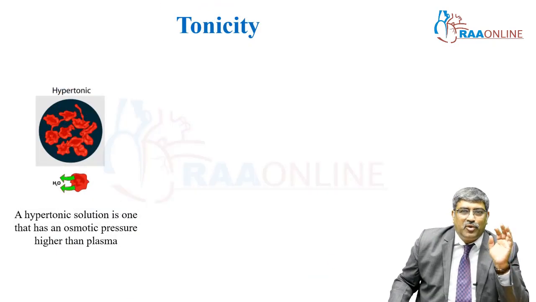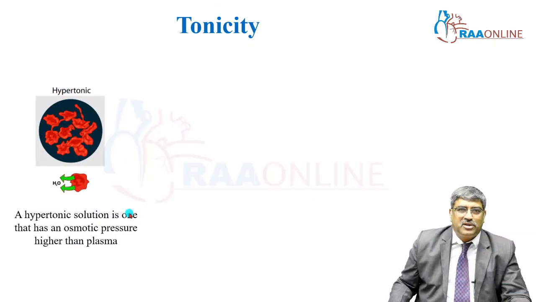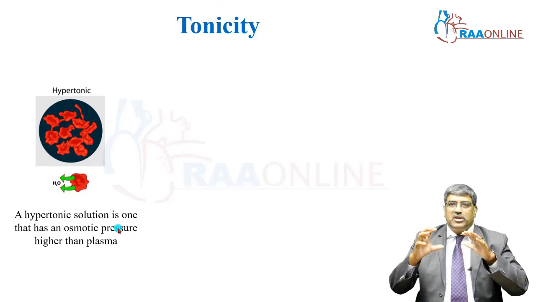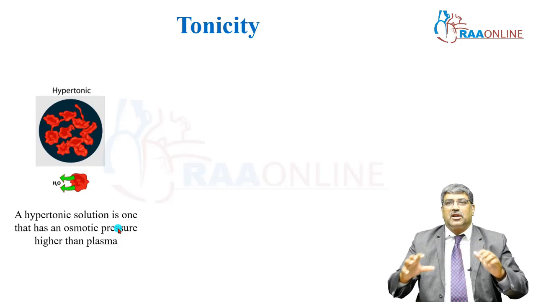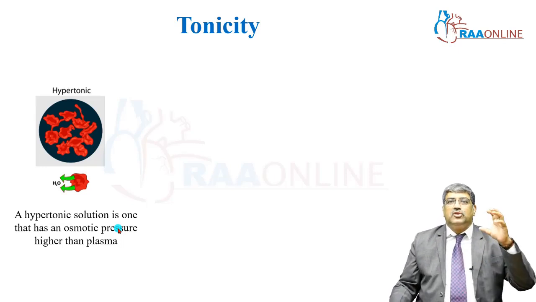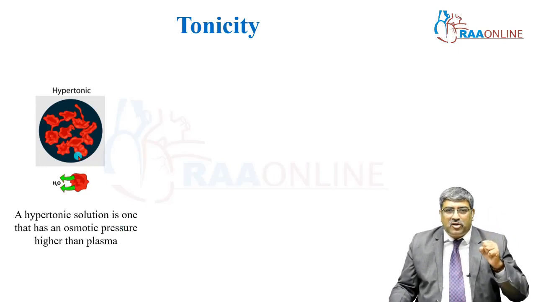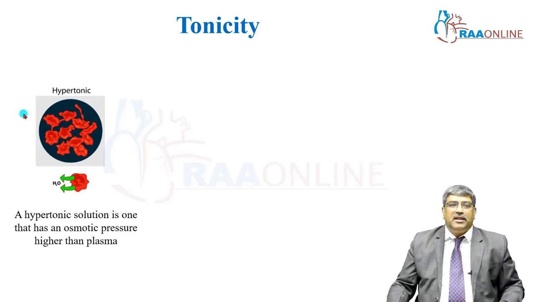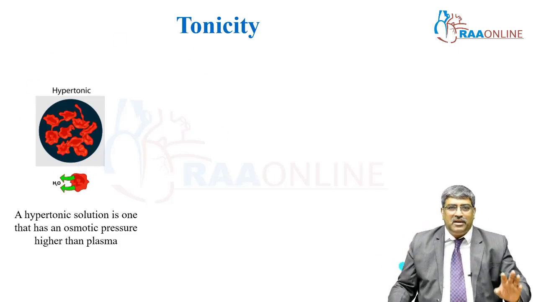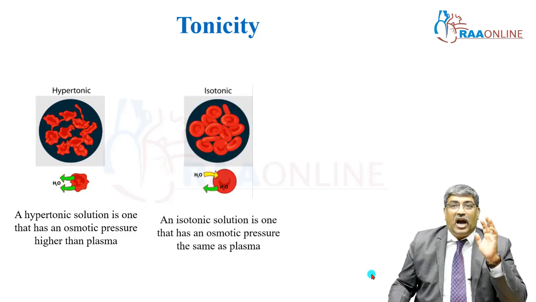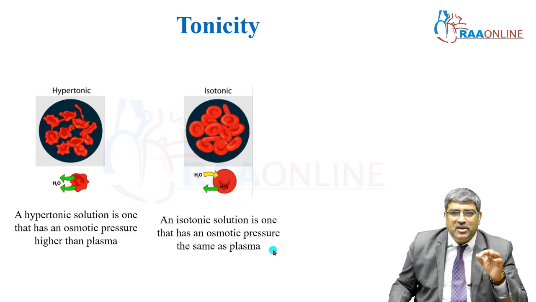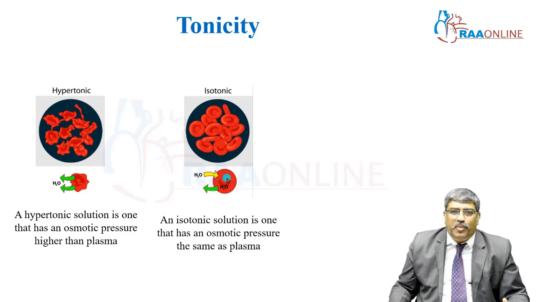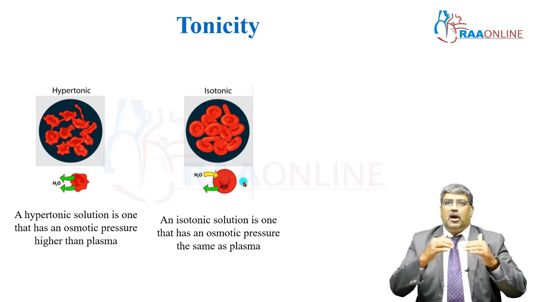Whenever you give a hypertonic solution, the tonicity of the solution which you infuse into the intravascular compartment is higher. So this tonicity draws fluid from the intracellular compartment and there will be intracellular dehydration. If you give an isotonic solution, the tonicity is the same as that of plasma, so there won't be net movement of fluid outside the cell.